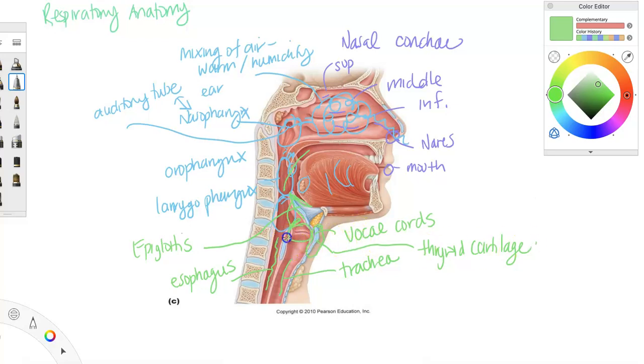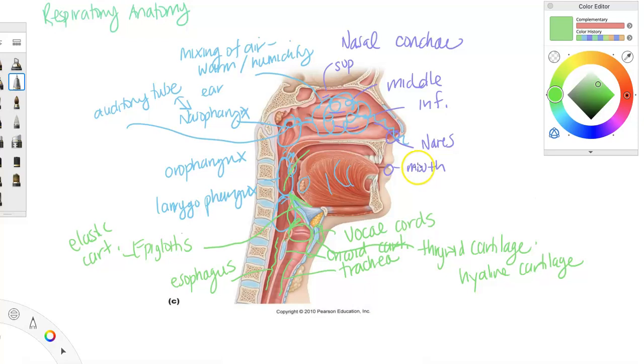Back here is the cricoid cartilage. And this is all hyaline cartilage. The epiglottis is elastic cartilage.